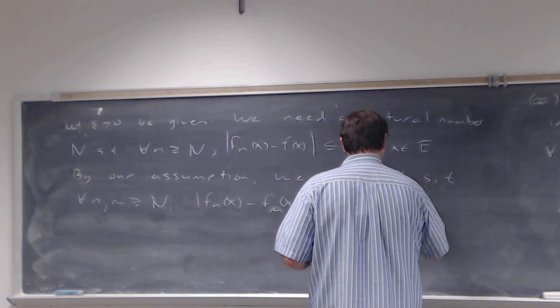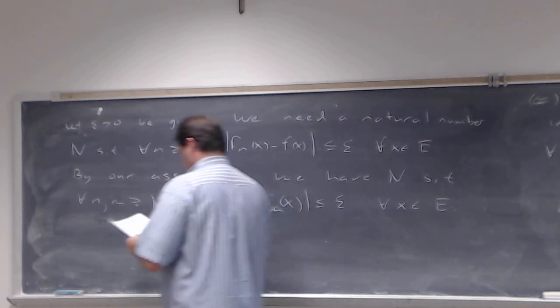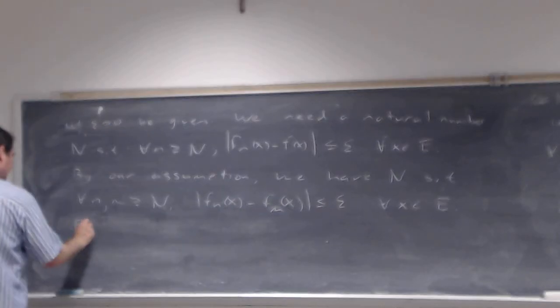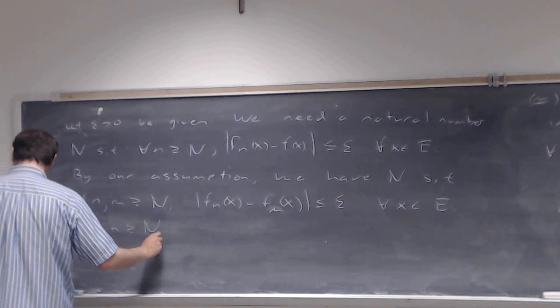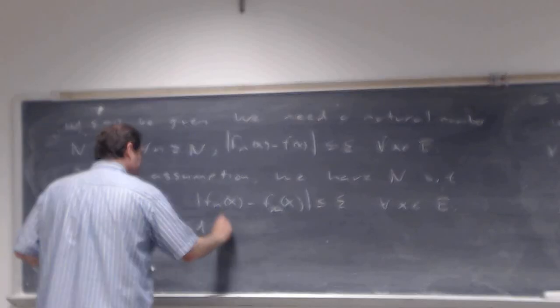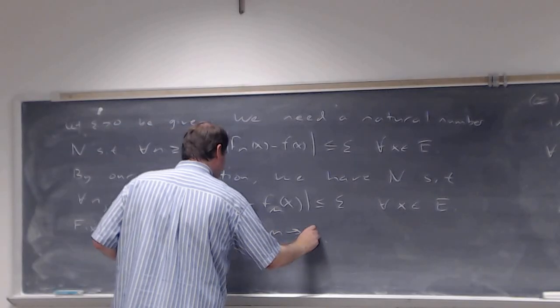And that's true for all x element V. So what we do is we fix n greater than or equal to this big N, and let m go to infinity.